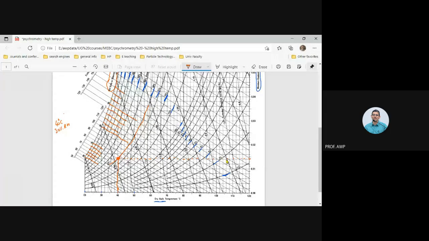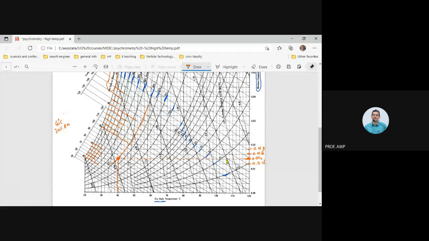The scale is in terms of 0.02, so this will be 0.012, 0.014, 0.016, 0.018, and 0.02. So correspondingly, humidity will be 0.014.